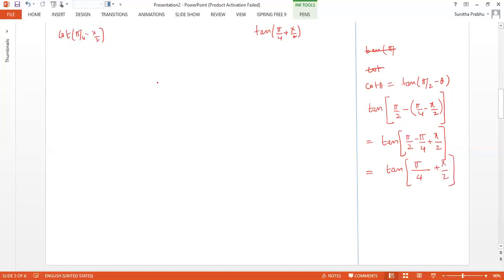Did you get it? So I can write this cot as tan of 90 minus theta and then get this as tan of pi by 4 plus x by 2. Is it okay?